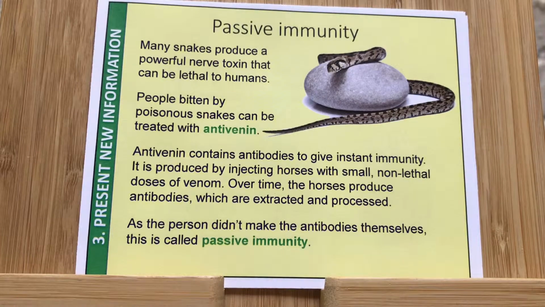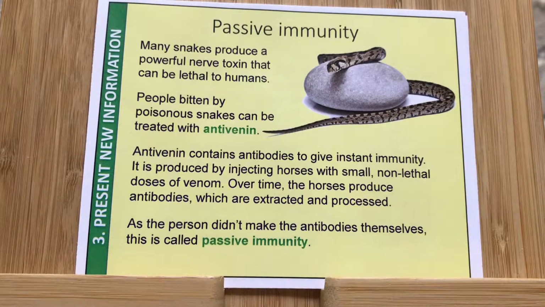Now sometimes our bodies, even though they're very clever, can't fight for themselves. They can't do that active immunity. So we call this passive immunity. Now the snake bite toxin is very lethal to humans, and so if someone is bitten by particular types of snakes, then they might have to be treated with antivenom. Antivenom is created using horses.